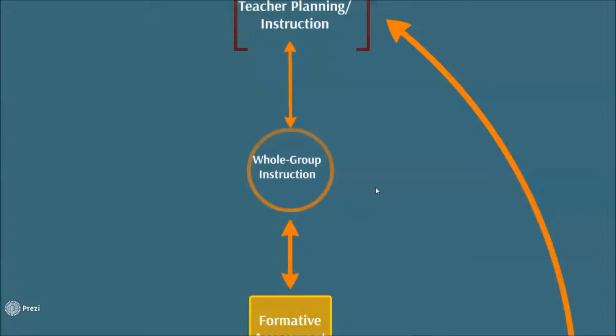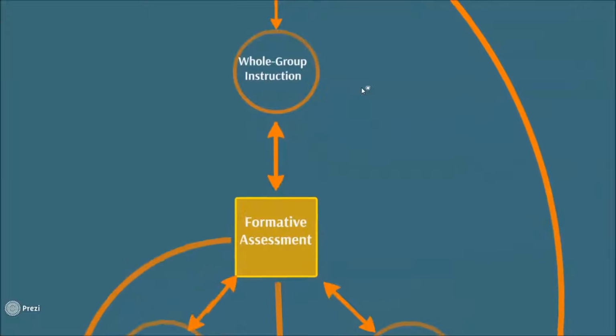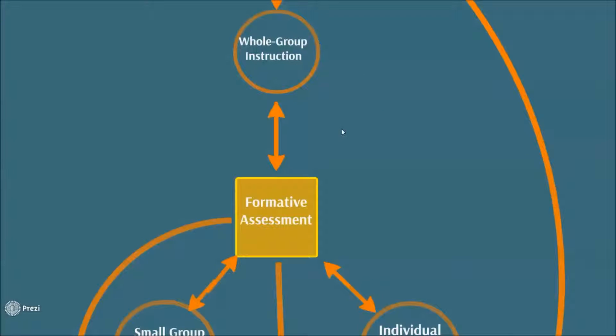And then I have another two-way arrow that goes from whole group instruction to formative assessment, which is what I use to see how well the students learned the material from that particular lesson. In this case, the flow is going from whole group instruction.